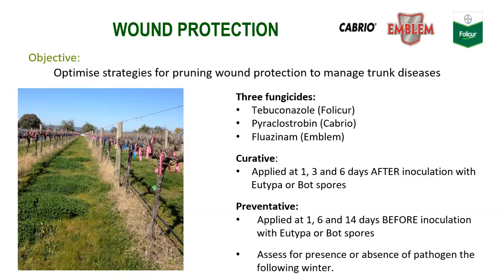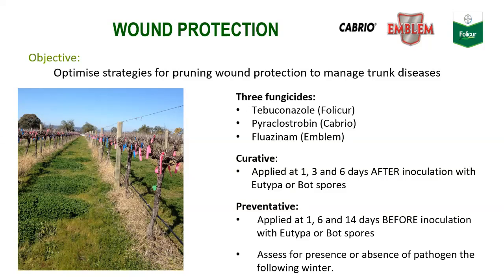So this is Folicure, with the active ingredient tebuconazole, Cabrio, which is pyraclostrobin, and Emblem, which is fluazinam. Now, prior to testing these products in the field, these were actually previously tested in the lab with other fungicides. So we did some in vitro testing, and based on that test, we found that these 3 are the most promising, and that's why we further tested them in the field.